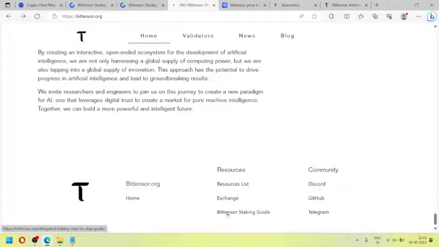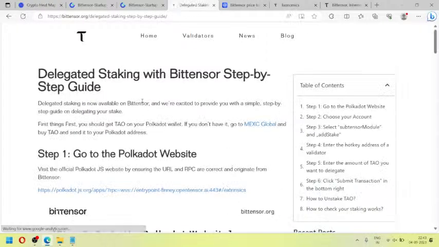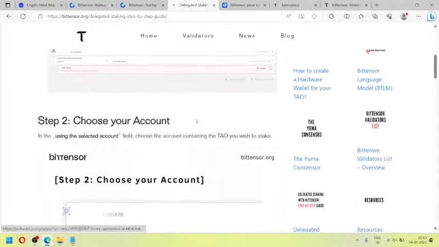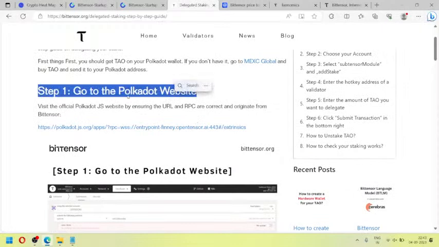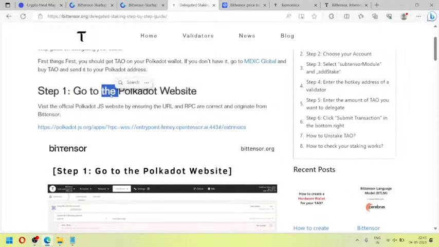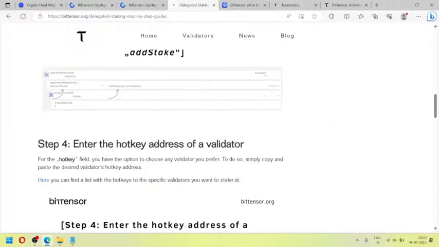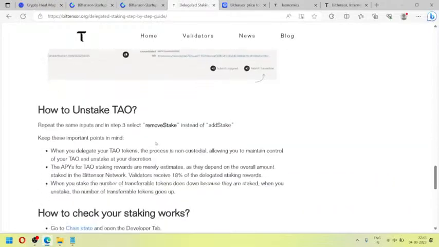Bittensor staking guide: if you want to stake, you can read the guide here. Go to the Polkadot website and you can stake. Or from tomorrow you can open gate.io and stake on gate.io. On gate.io you can also buy and hold the tokens.